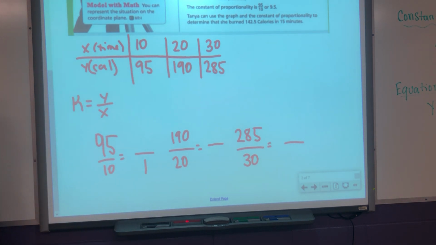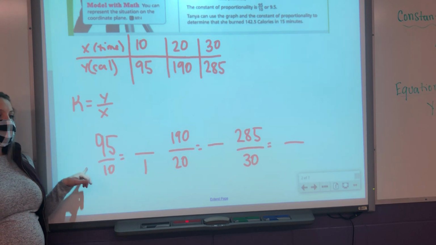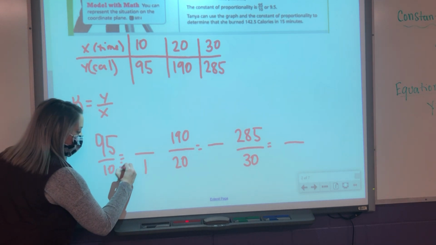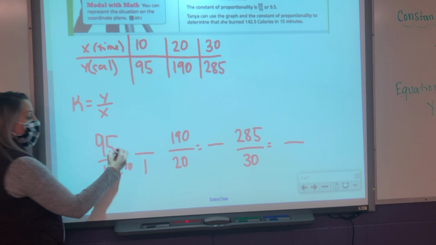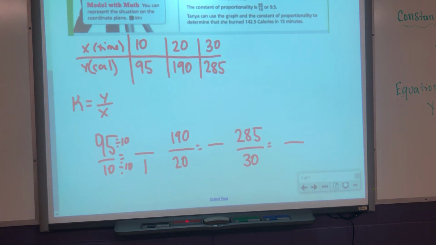Yep. Okay, so someone other than Craig. Ready? 95 over 10. How do I calculate the unit rate from 95 over 10? Danica, go. Very good. Divide by 10. Divide by 10 here. If I divide by 10 here, I need to. What should you have out right now? What should you be doing right now? Calculating.